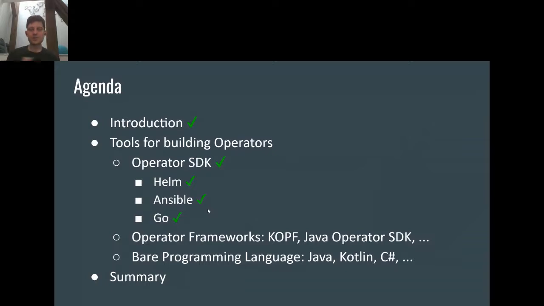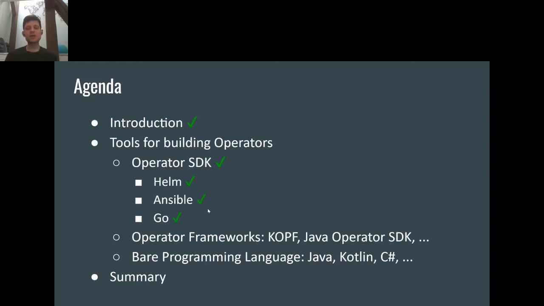Okay, we covered Operator SDK. Operator SDK supports Helm, Ansible, Go. I can already tell you that Ansible is not really used. So with Operator SDK, you will either go the easy way with Helm or the complex way with Go, depending on whether the functionality of your operator needs to be complex.